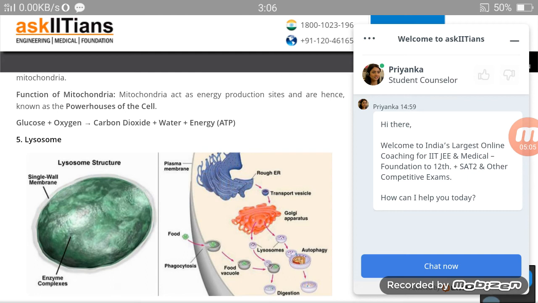ATP. Here it is written: glucose plus oxygen gives carbon dioxide plus water plus energy. What does this ATP mean? In your previous class, in 7th class science NCERT book, there was a chapter on respiration, and in that chapter ATP, aerobic respiration and anaerobic respiration were explained in detail in class 7.